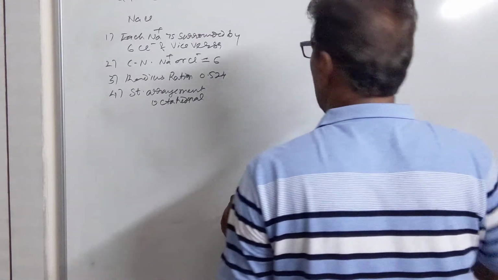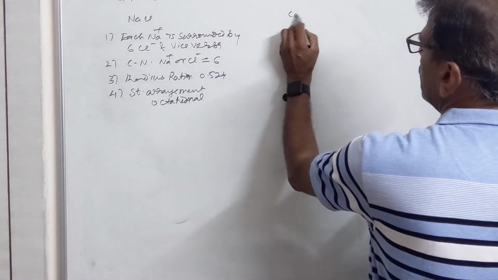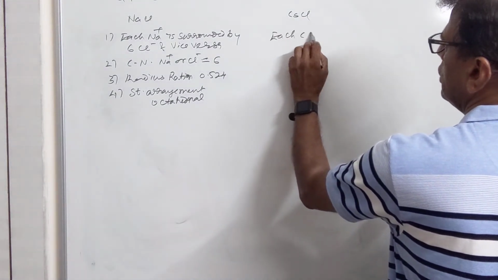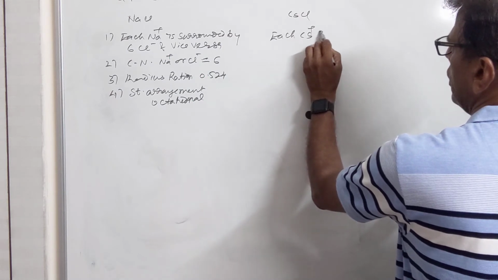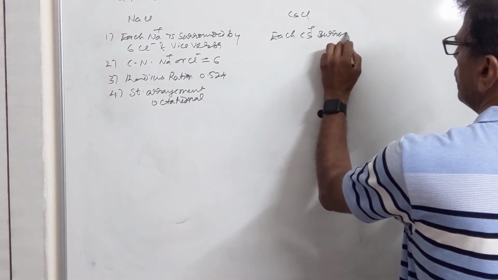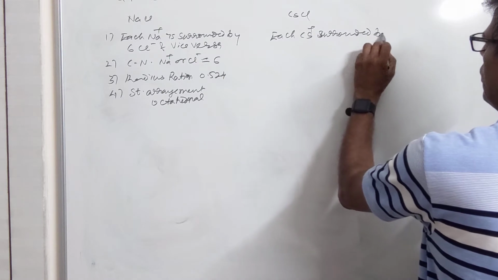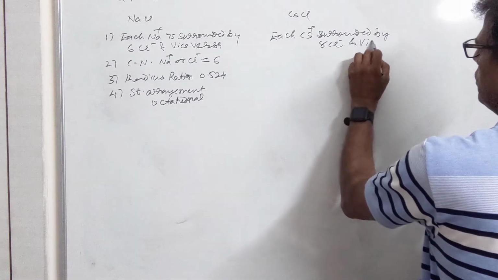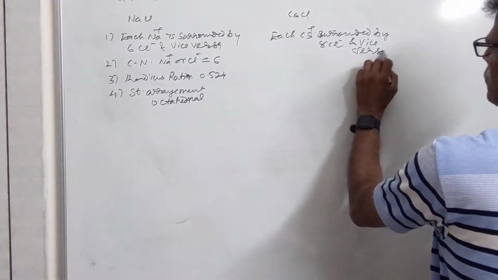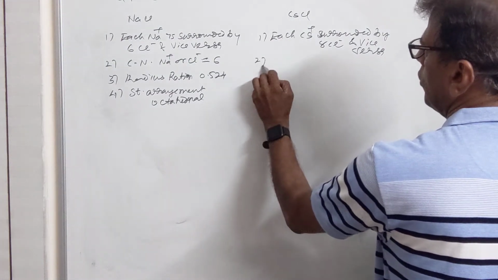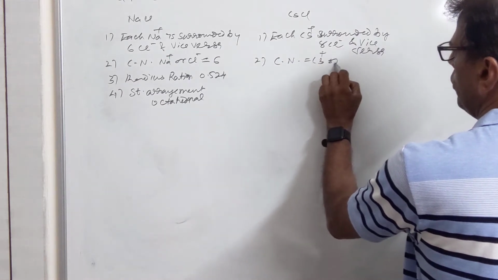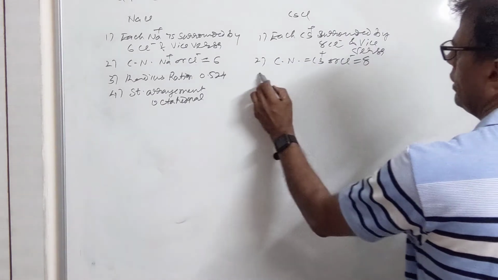If we talk about cesium chloride, each cesium ion is surrounded by 8 chloride ions and vice versa. The coordination number of each cesium ion or chloride ion is 8.